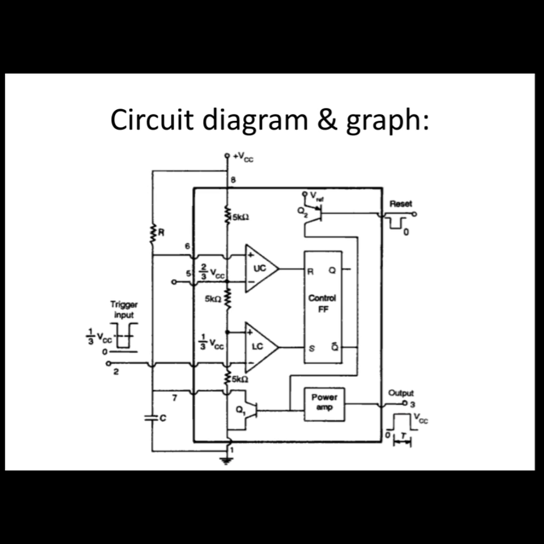The input voltage to the upper comparator will be 2 by 3 VCC, according to the voltage divider rule, serving as input to the inverting terminal of the upper comparator. In the lower comparator, the 1 by 3 VCC we have got by the voltage divider rule will be serving as input to the non-inverting terminal of the lower comparator in the IC555 timer.